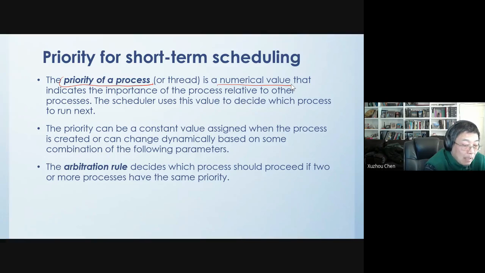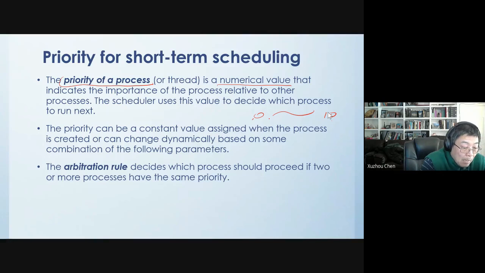If I set the priority from 0 to 10, 0 means highest priority, 1 means second highest priority, and 10 means the lowest priority. Each process has a priority number indicating how important it is, and the scheduler picks the next process based on that priority. This is typically the case.